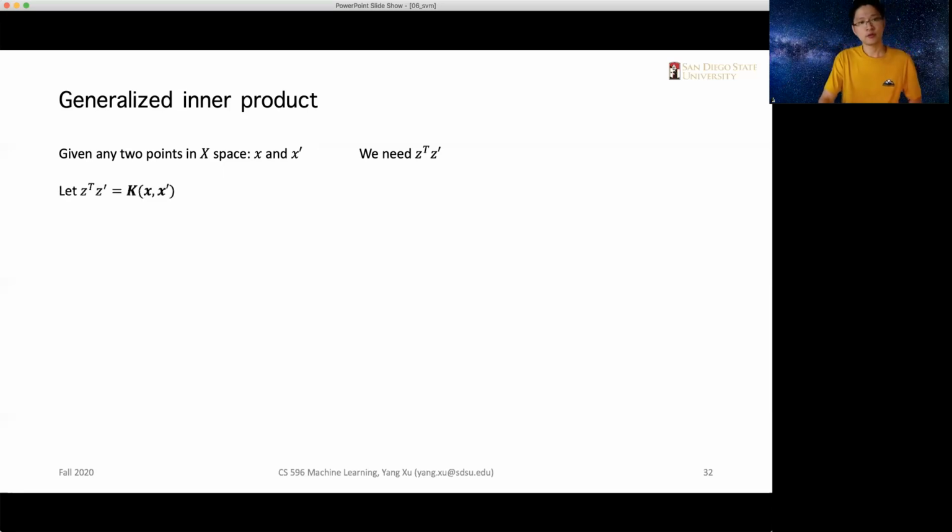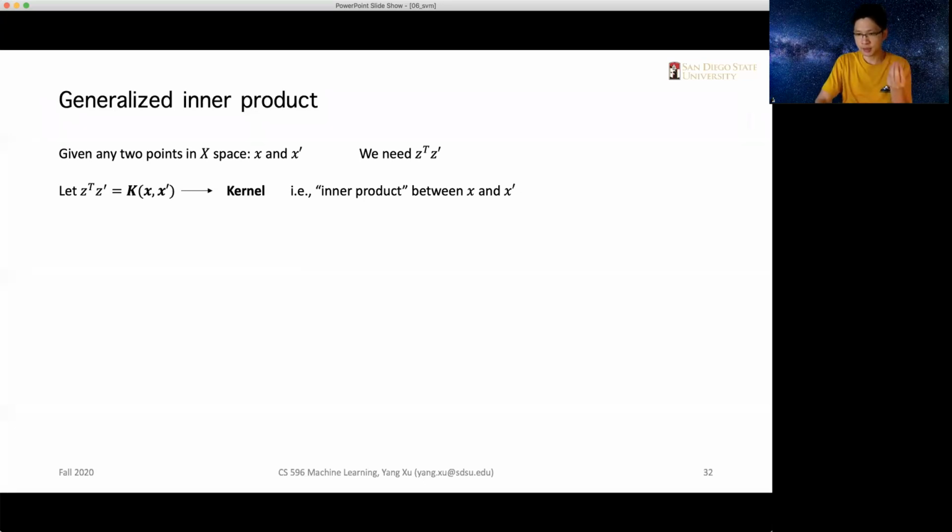So for example, we can use some arbitrary function, capital K of X and X prime, to indicate that dot product or inner product. That's the function we call a kernel function. It represents some type of inner product between X and X prime, but we don't know exactly what type of inner product it is.